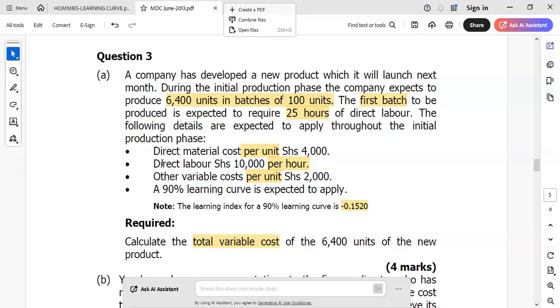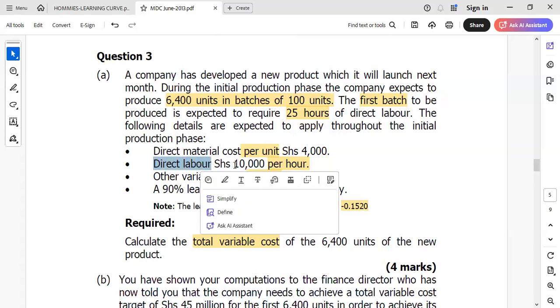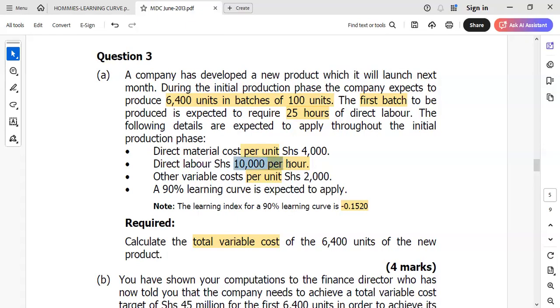Here you have direct labor at 10,000 per hour, but which time are you going to use? That time must come from the workings where you use the concept of the learning curve. Other things are easy.